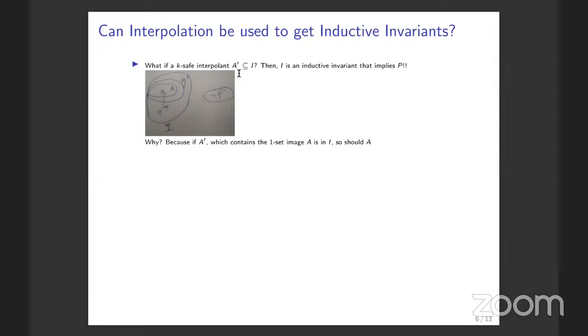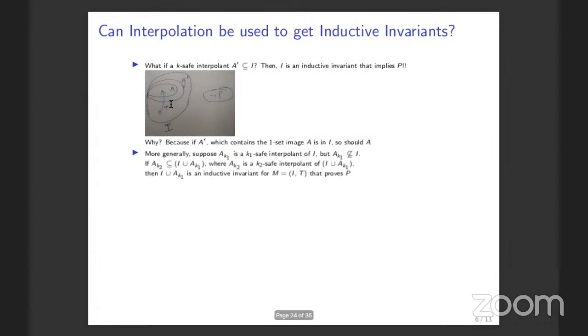So, for example, take the one safe interpolant that I'm showing here. If that itself is contained inside I, it is an inductive invariant. So when you compute the over approximation, if that itself falls back inside I, then you have found it.